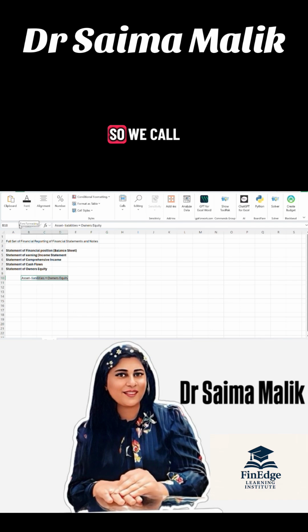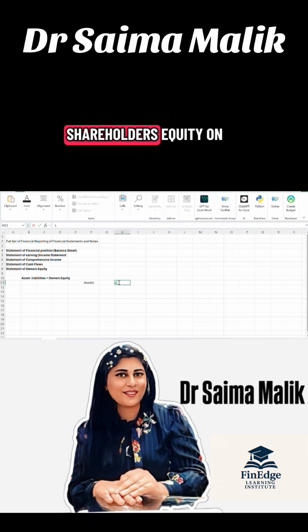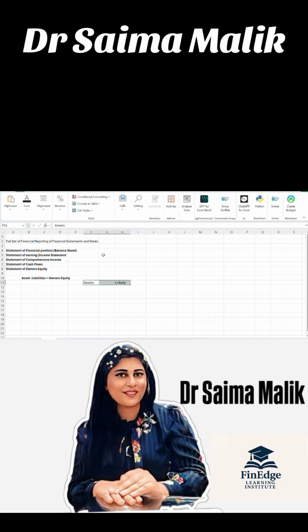On the balance sheet, we will see that assets are on the left hand side and liabilities and shareholders' equity on the right hand side, but both sides do balance. If the right side is equal to $5,000, then the left side is going to be $5,000 as well.